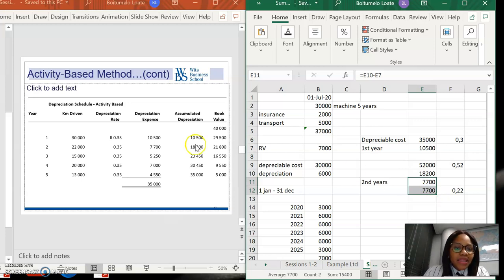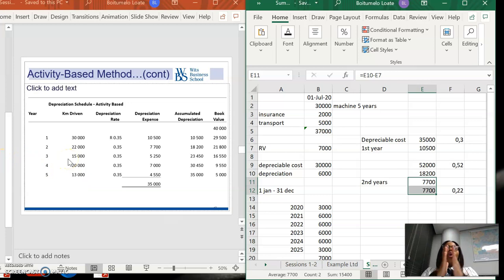So just remember, in this method, we're looking at each specific activity, and in this instance, it will be the kilometers that you drove each and every single year. You'll notice, same with straight line and the declining balance method, in year 5 your residual value will be the full 5,000 that you actually wanted to calculate.